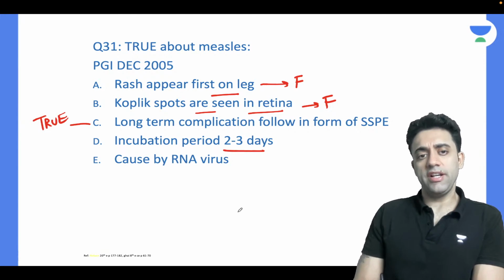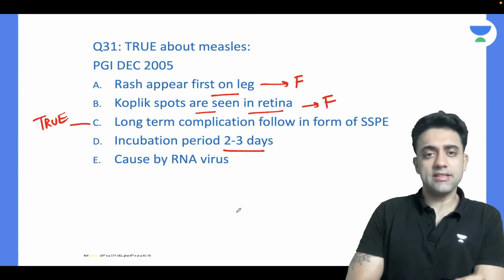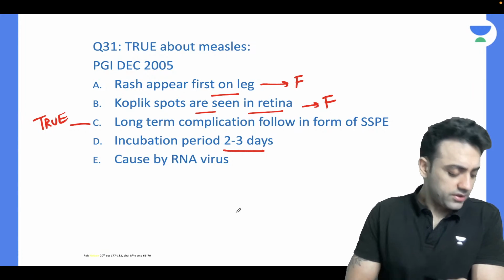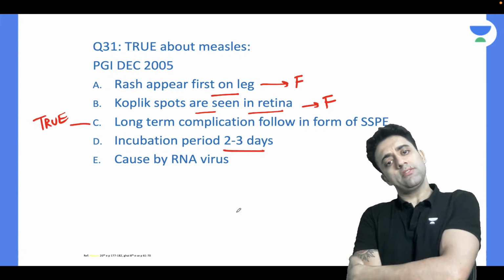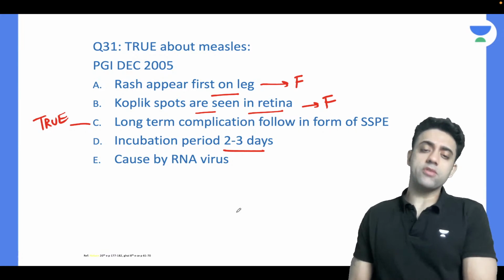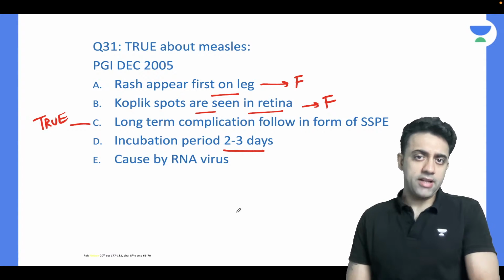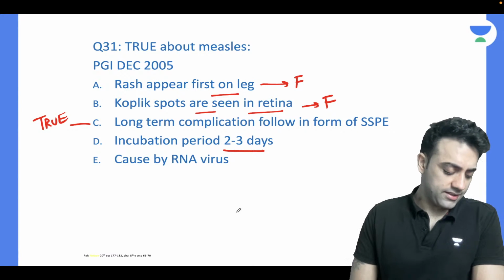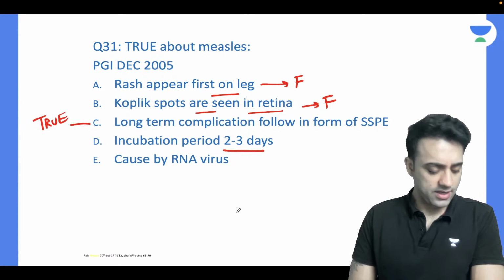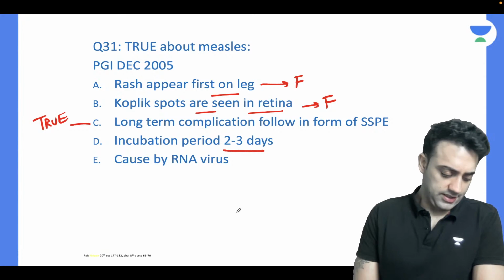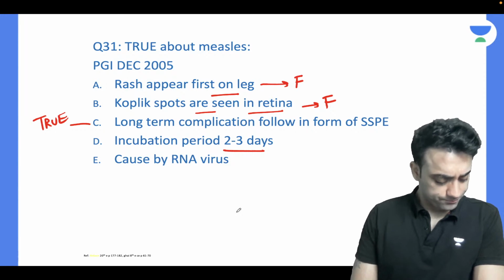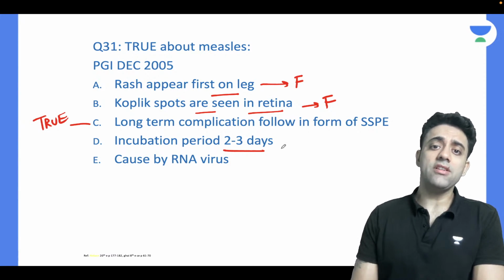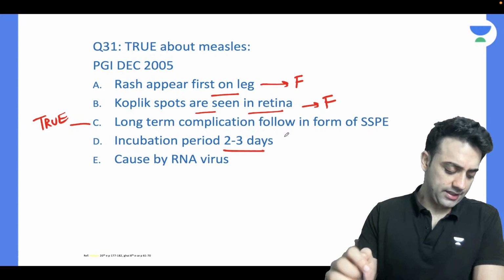Incubation period is 2 to 3 days. Osama says this line is true. What do you think? What is the incubation period of measles? We studied this in the last class. Who will tell me, Osama? How many days is it? Anyone?